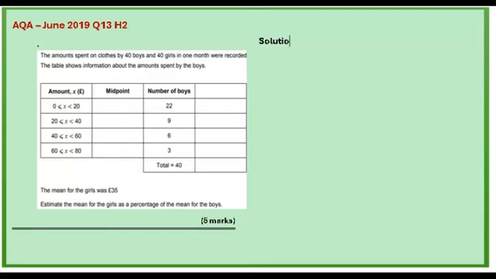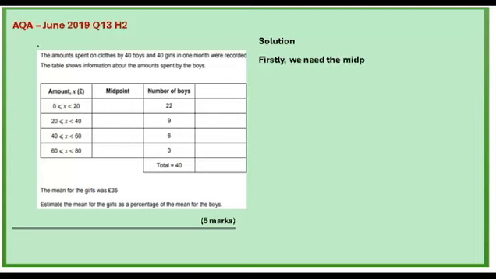Excuse me. So first, for each class interval, we need the midpoint. For each of the clusters, we need a midpoint.